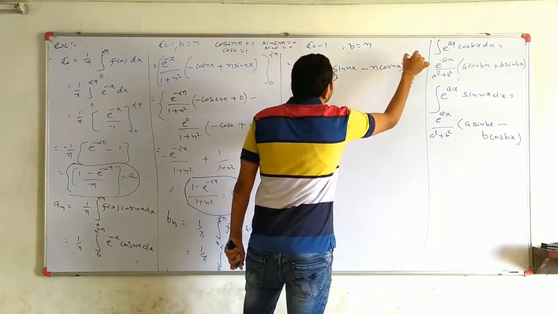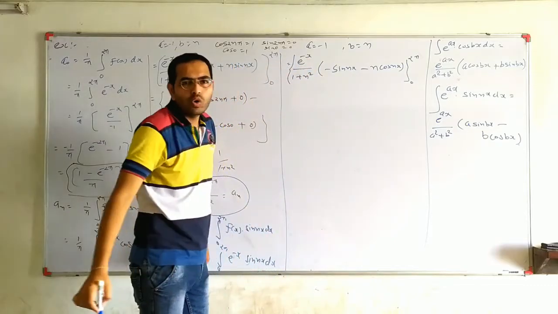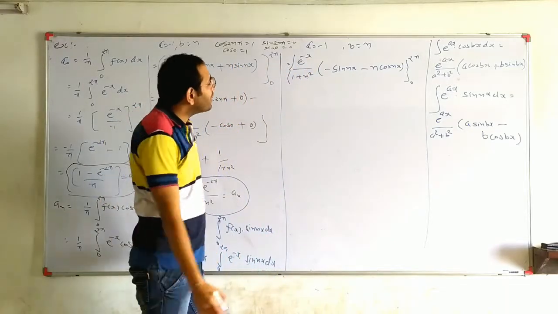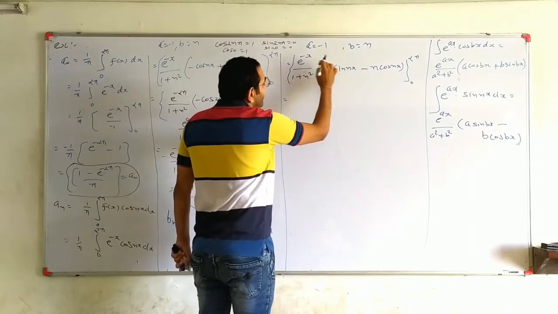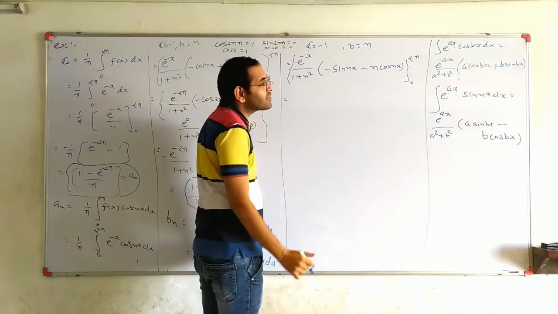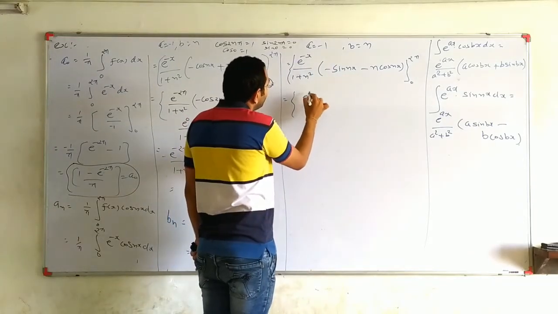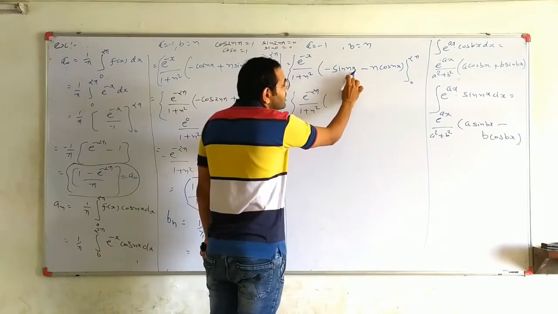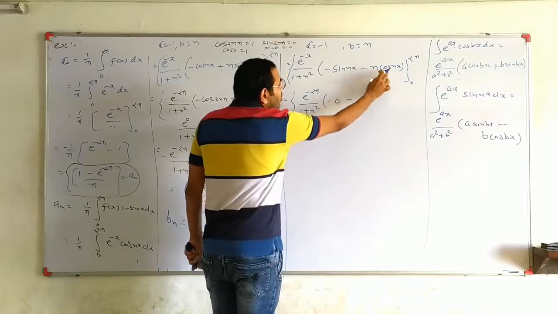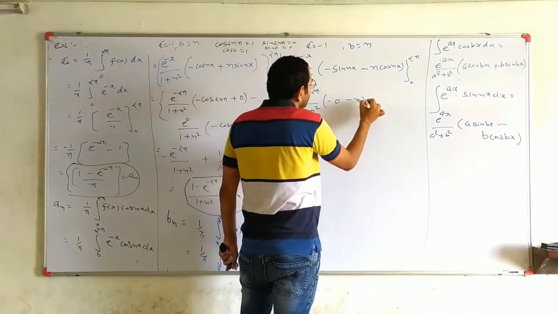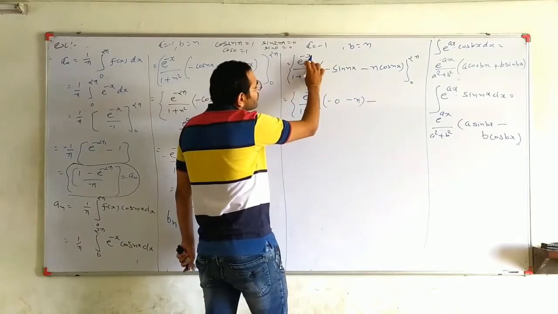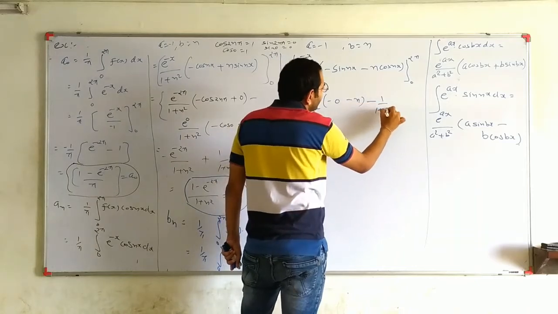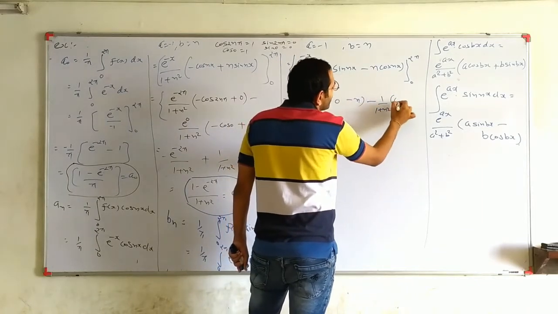Here the range of the integral is 0 to 2 pi. Then upper limit minus lower limit. Then substitute x as 2 pi. Then e raised to minus 2 pi upon 1 plus n square, times sin 2n pi, that is 0, and cos 2n pi, that is 1, minus e raised to 0, that is 1, upon 1 plus n square, times sin 0, that is 0, and cos 0, that is 1.